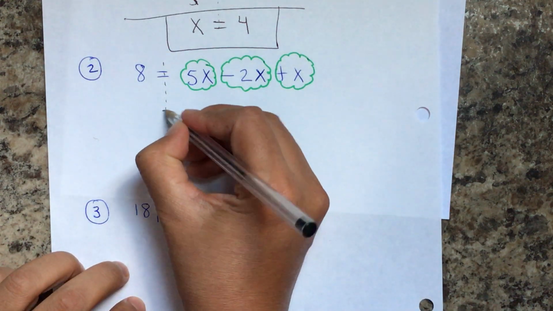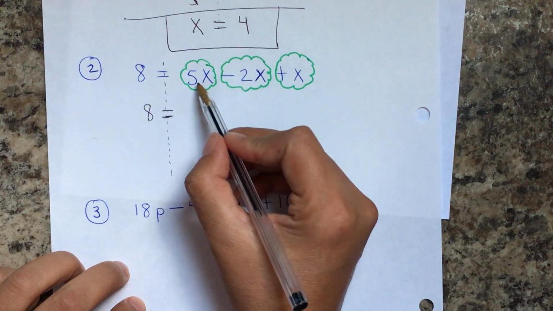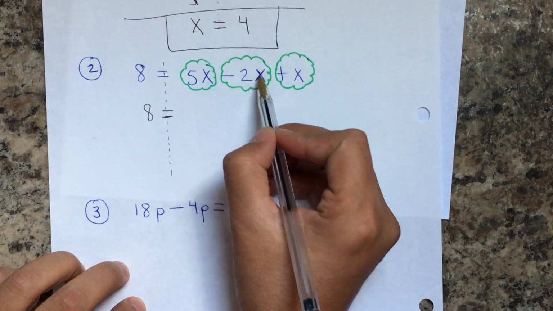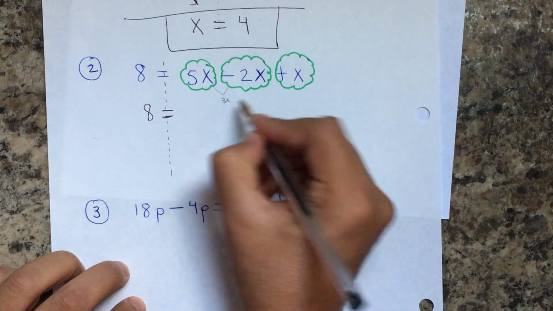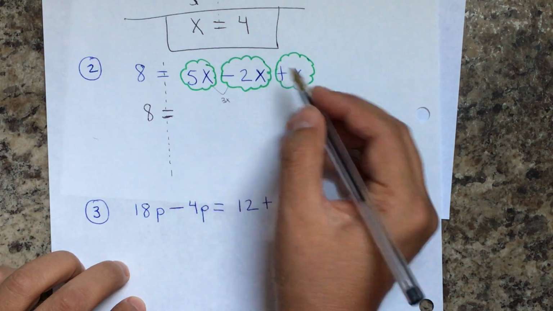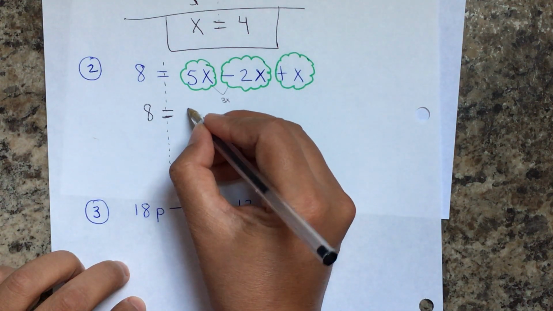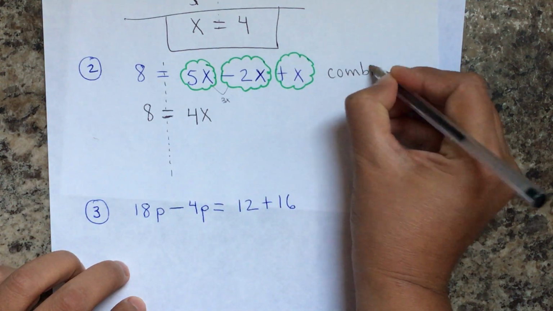So in here I just bring down the 8. In here 5x minus 2x, I have 3x. And then 3x plus x is equal to 4x. So that's called combining like terms.